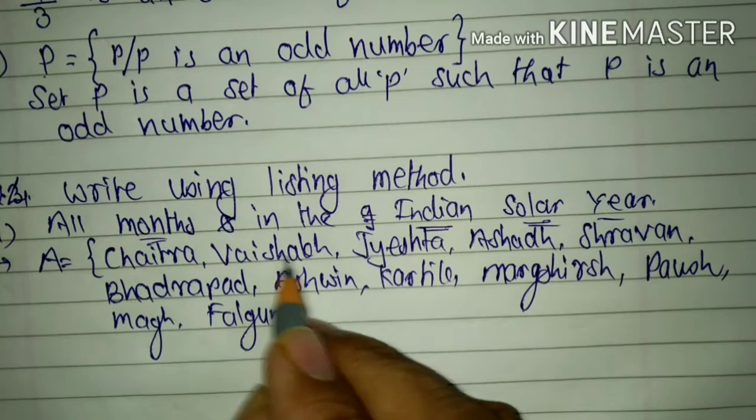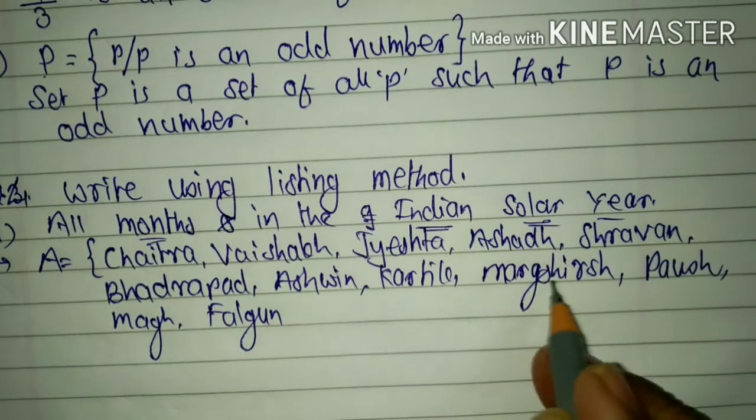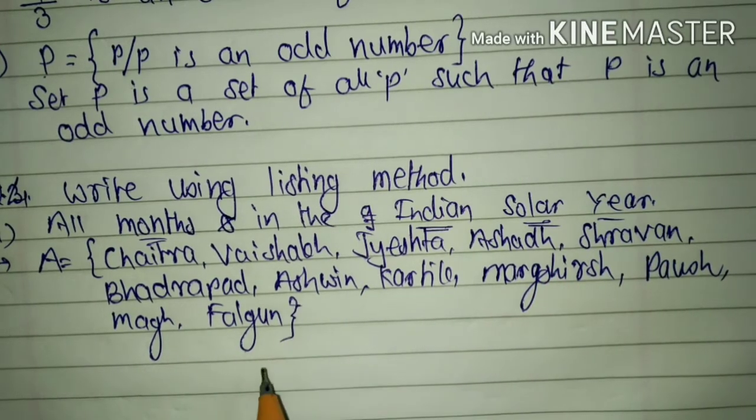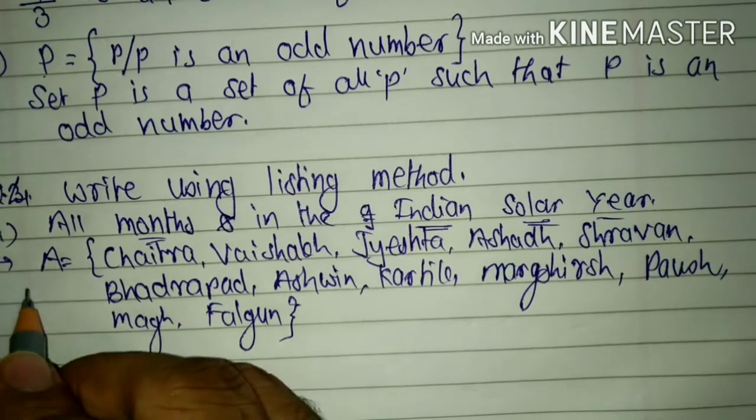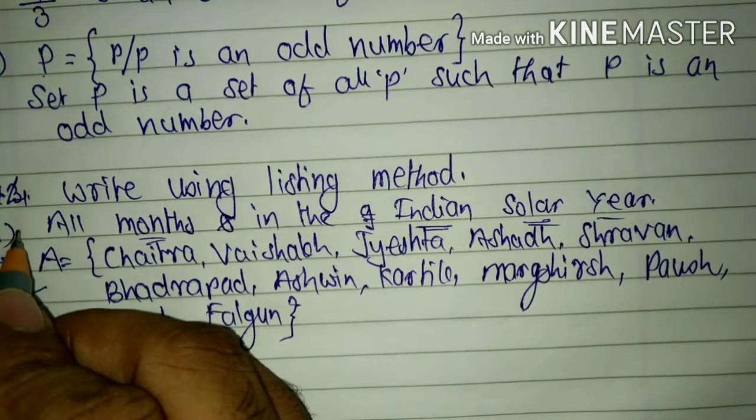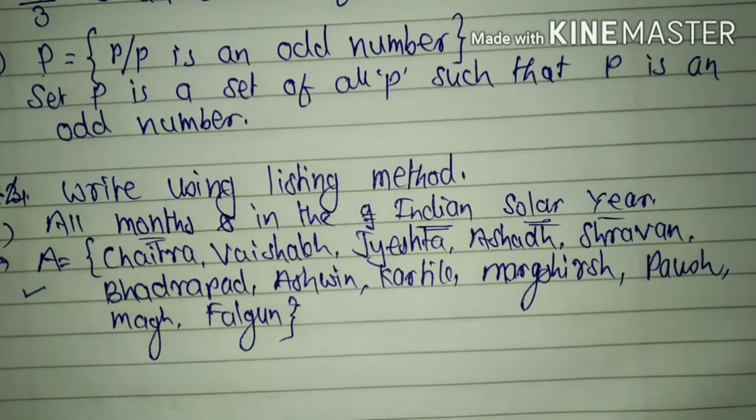So these are 1, 2, 3, 4, 5, 6, 7, 8, 9, 10, 11, 12. These are the 12 months. So this is the listing method, while this one is the set builder method.